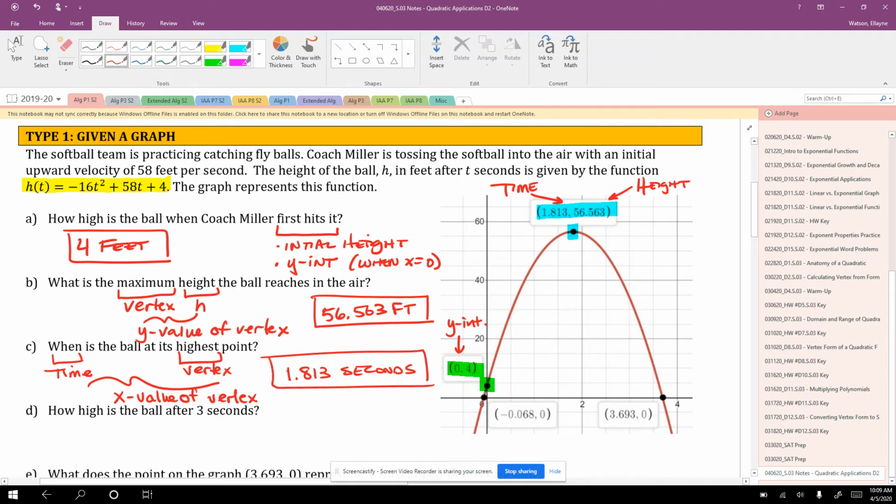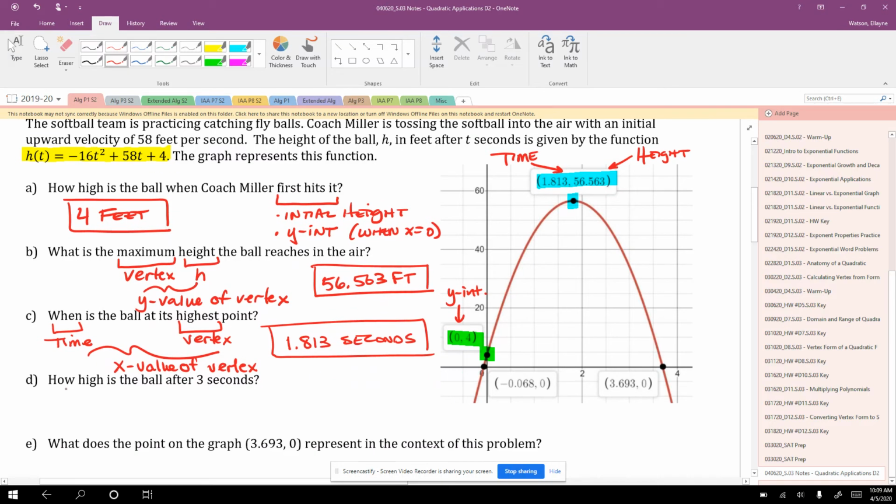Next, it says how high is the ball after 3 seconds? So again, what are you solving for? You are solving for height after 3 seconds, or at 3 seconds. So when t equals 3. Because it doesn't show exactly on the graph, we can't tell exactly what it's at 3 seconds. You want to take 3 and plug that in for time.